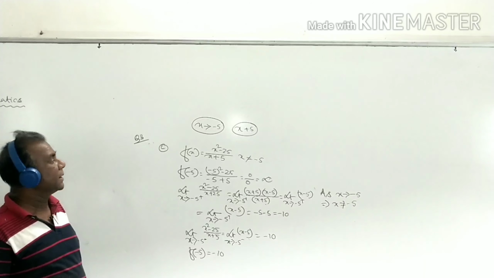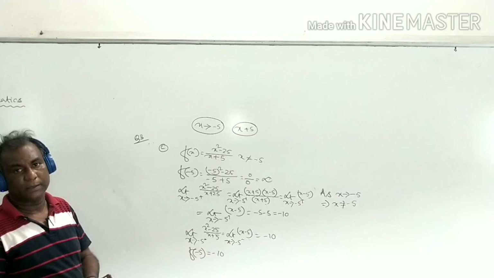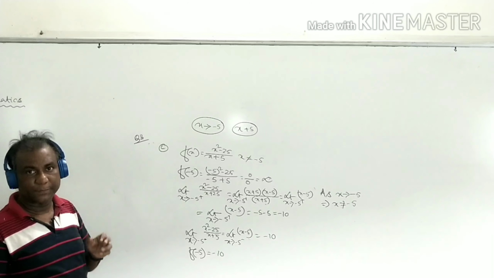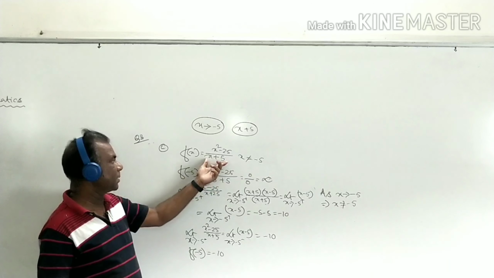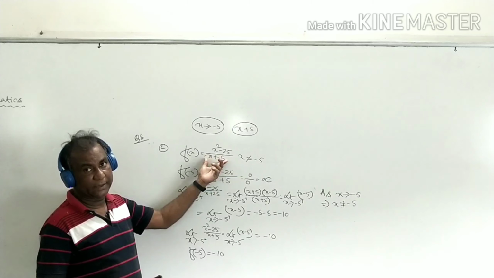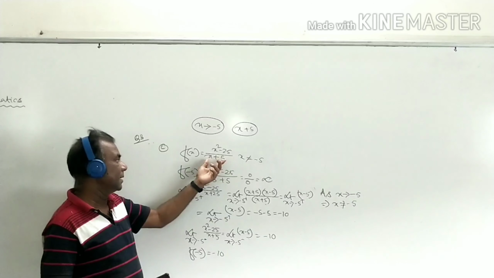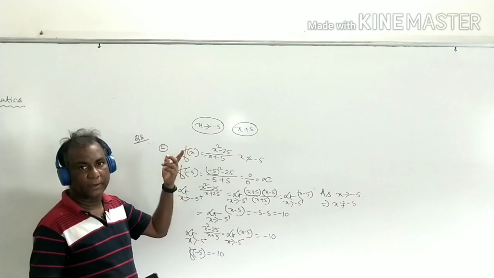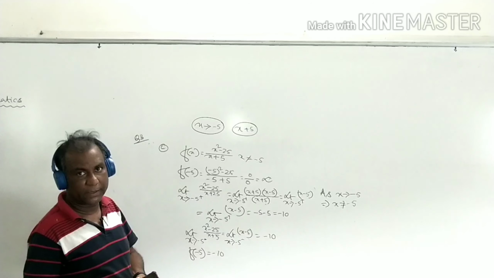We have to cancel it or bring it into the standard form. Then only we can find the limiting value, otherwise not. So always remember, for this kind of rational function problem, the denominator factor should be cancelled or you bring it into the standard form so that we can find the limiting value.